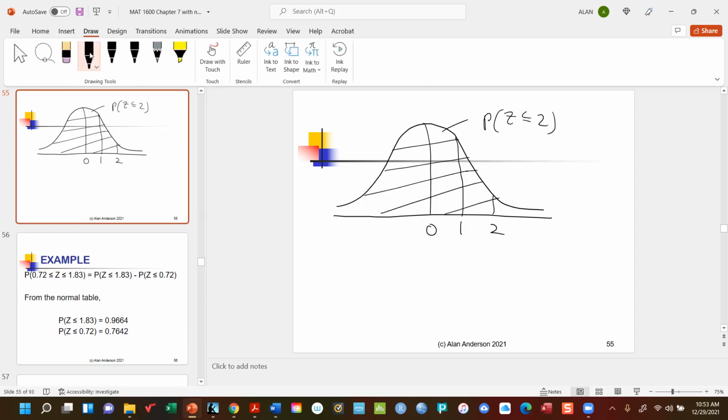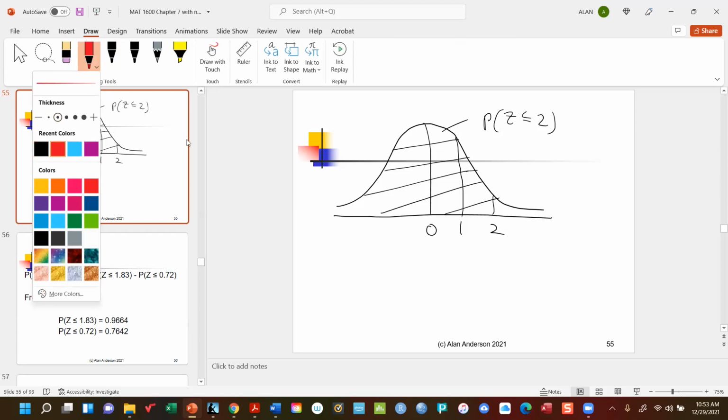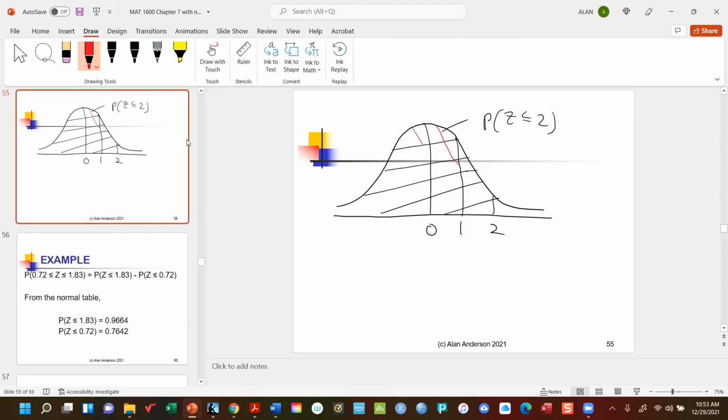And then we'll switch to red for less than or equal to 1. So the part that we want is the part that's only shaded in black, not the red.